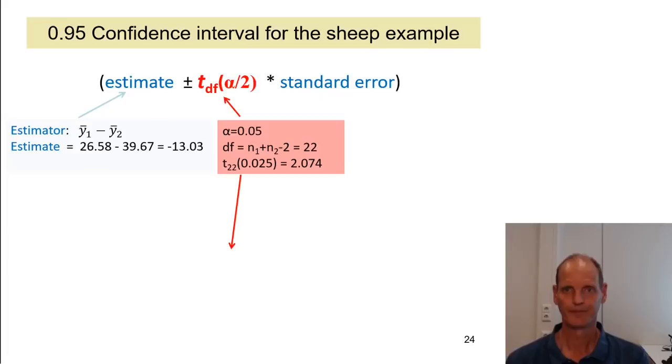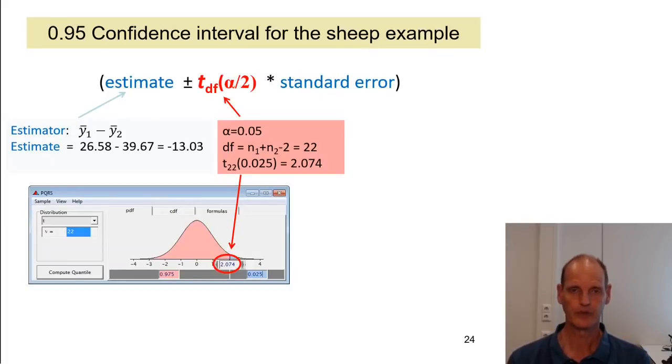The t-value then: df is n1 plus n2 minus 2, which is 22. Alpha is 5%, so we need to look up the t22 quantile from the t-distribution with 22 degrees of freedom.